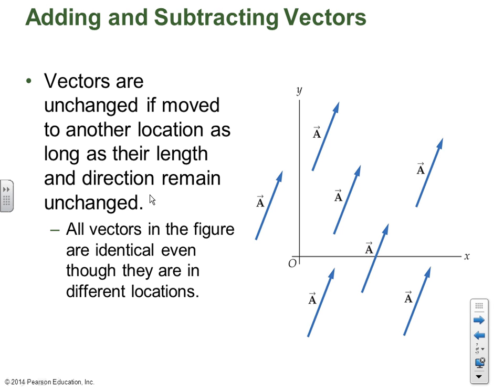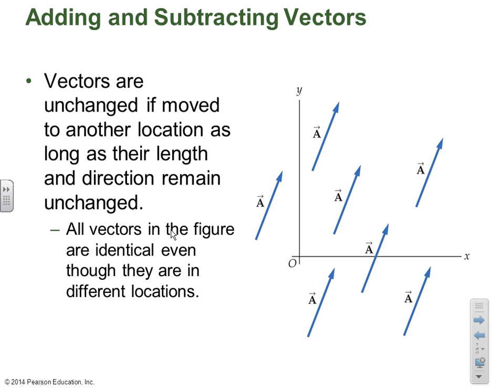So the next thing we want to talk about is the idea that if we draw a vector, regardless of where we draw it on our picture, as long as it points in the same direction and remains the same length, it's the same vector. For instance, let's say all of these vectors A represent a wind speed, right? Or let's say a wind velocity, because that's a vector quantity, right?